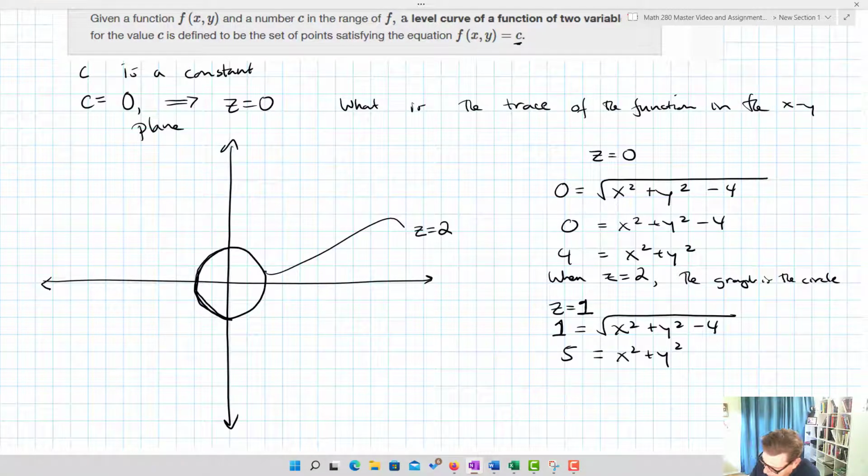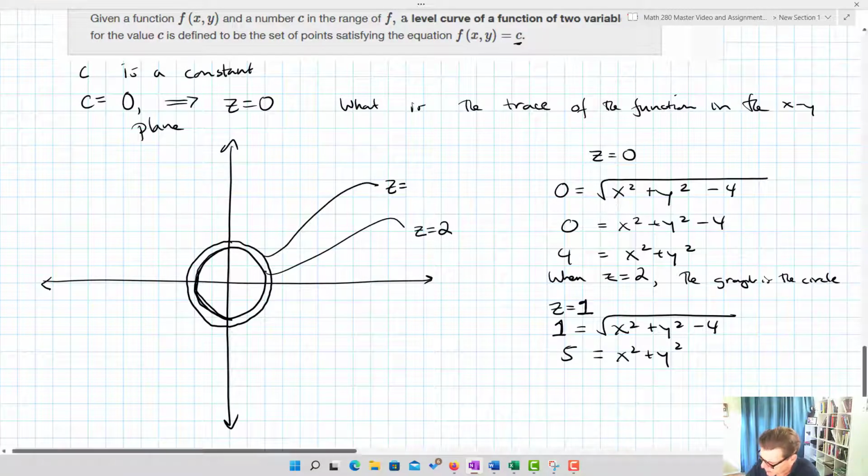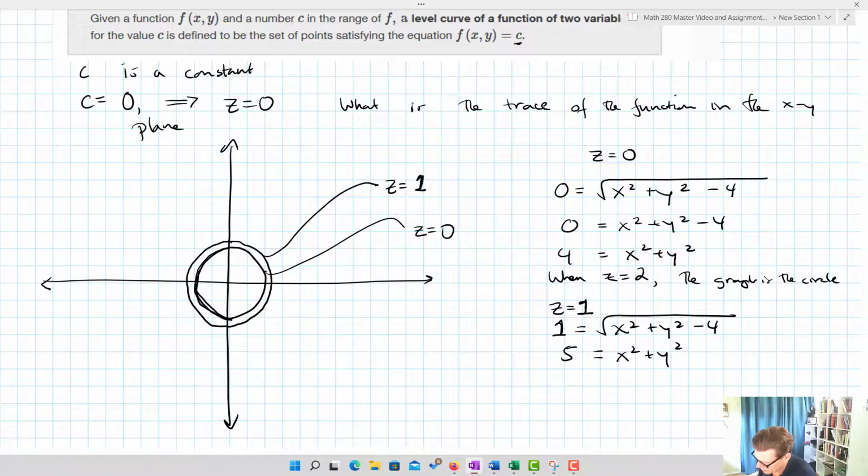So we're taking the square root of 5, and you can just imagine that's a slightly larger circle. It's a circle of radius square root of 5, which is just a little bit bigger than 2. So this is z equals 0, and that's z equals 1.